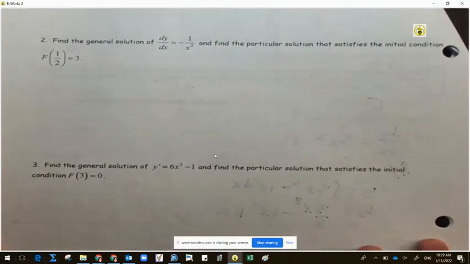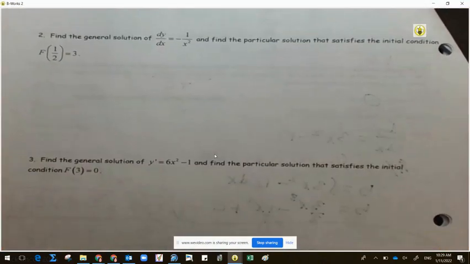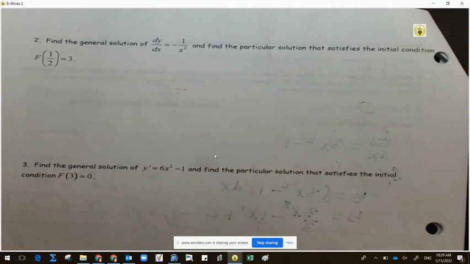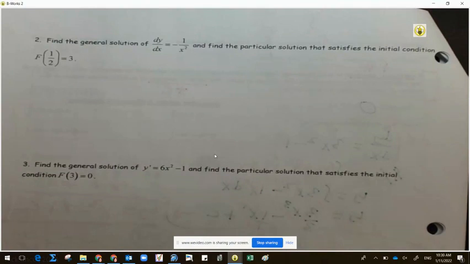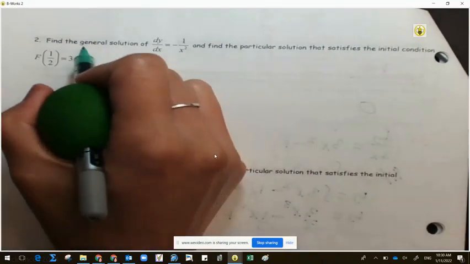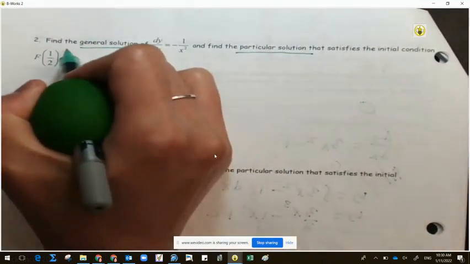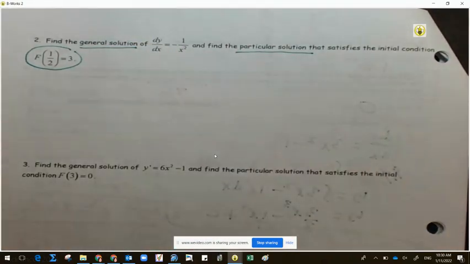Okay, Milo, let's read number 2. Find the general solution of dy over dx equals -1 over x squared, and find the particular solution that satisfies the initial condition at 1 over 2. So we're looking for the general solution, and we know we can find the particular solution as long as we have our x and y given.